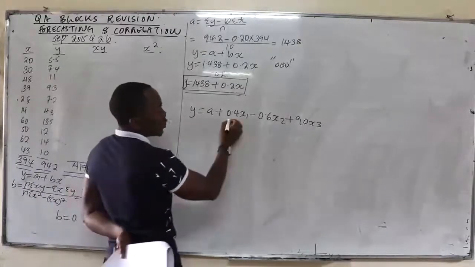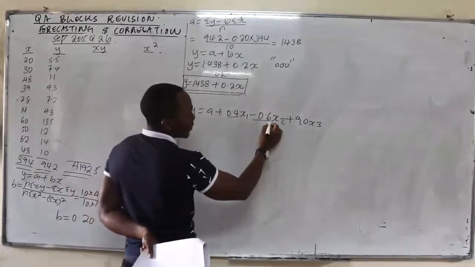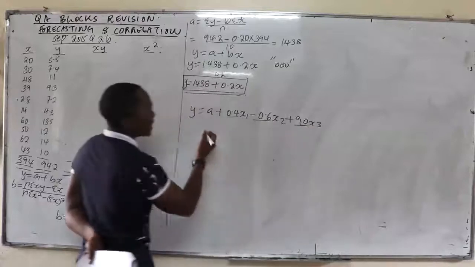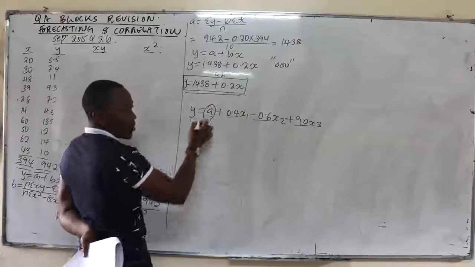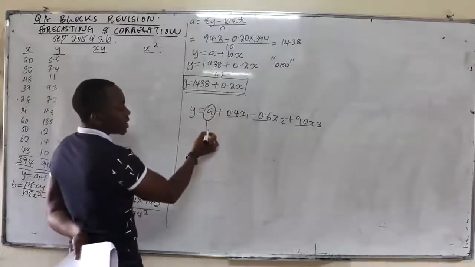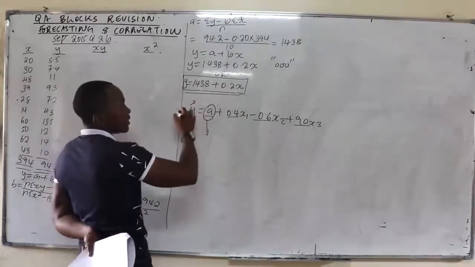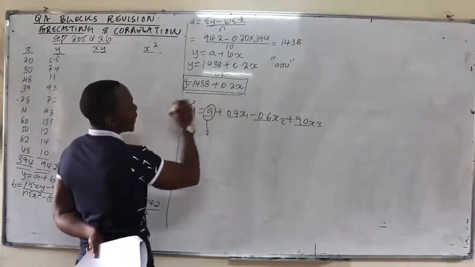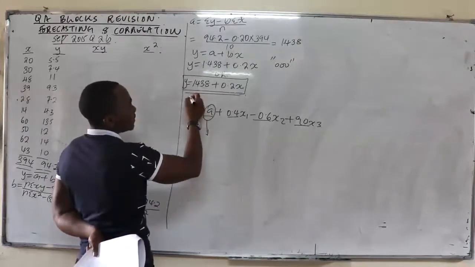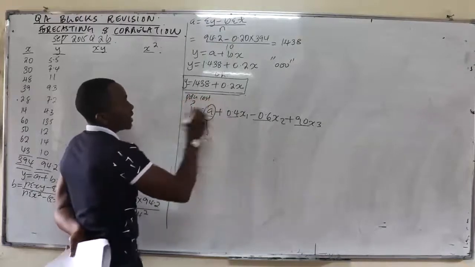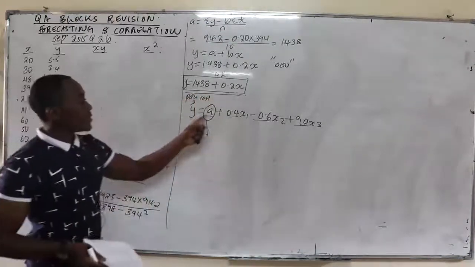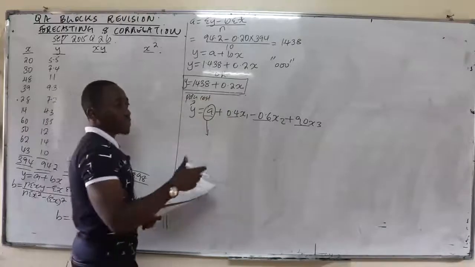So what you usually do, you look at the coefficient 0.4, 0.6, 90, and then A. So A is our constant. So we say that this is the change in Y. So assuming in this case, our Y is the, we can say, production cost.